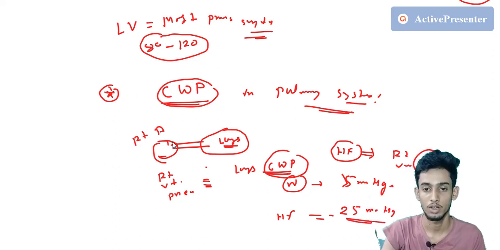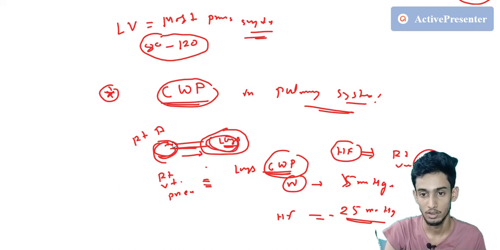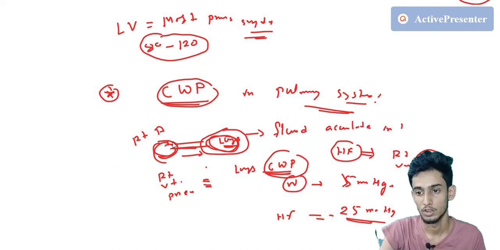So what happened? This is a pressurized system. The blood will cause back pressure in the lungs, and fluid will accumulate in the lungs, and you will find basal crepitations.